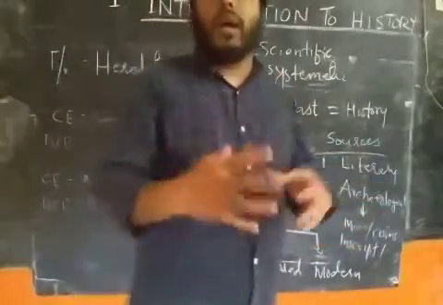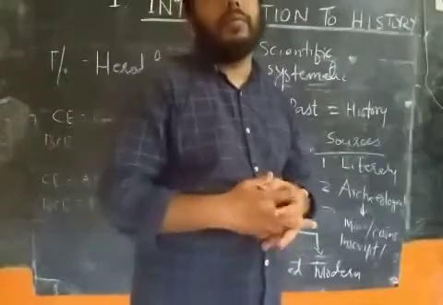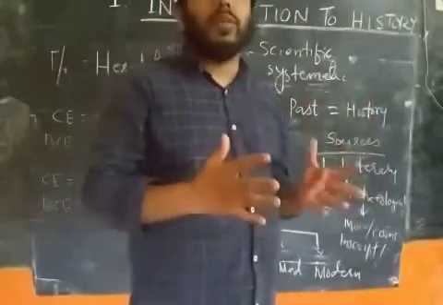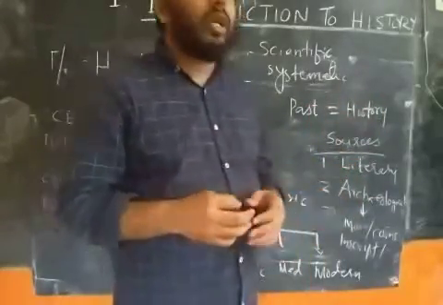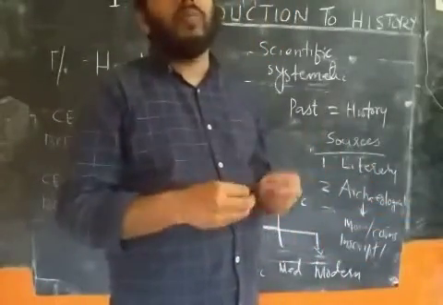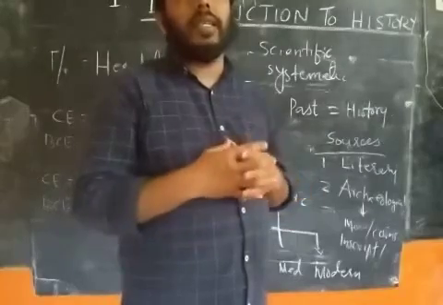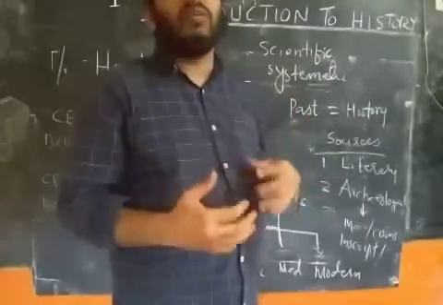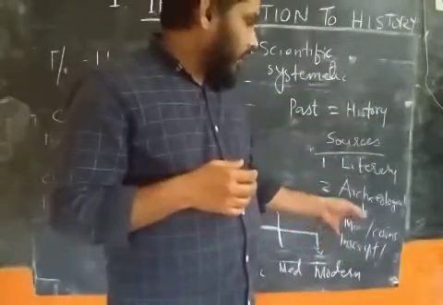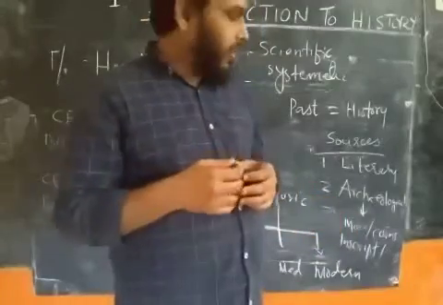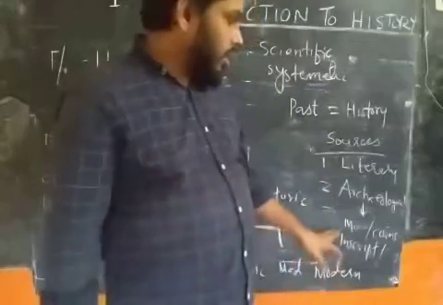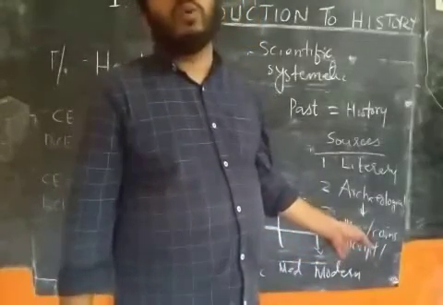Now let us see what sources we depend on for studying history. Mainly there are two sources: literary sources and archaeological sources. Literary sources include written evidences as well as verbal evidences in the form of folk songs, tribal songs, etc. Under archaeological evidences, historians and archaeologists study monuments, the old historical buildings.